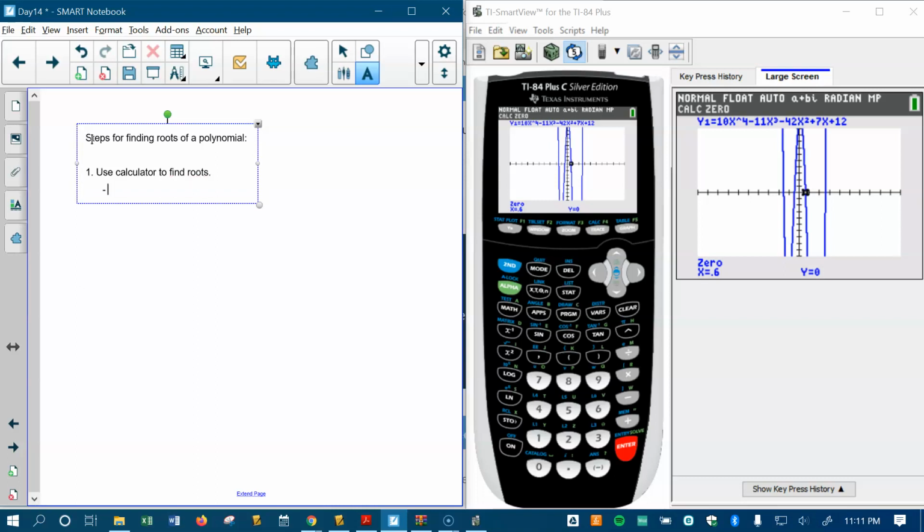When you use a calculator, you can either use the table feature, which was second graph, or you can use the zero feature. The way you use the zero feature was earlier in the video, so just go there if you need it, but that's going to be second.